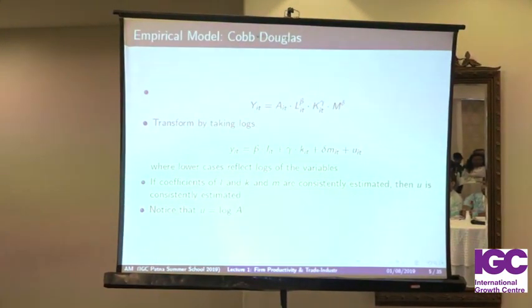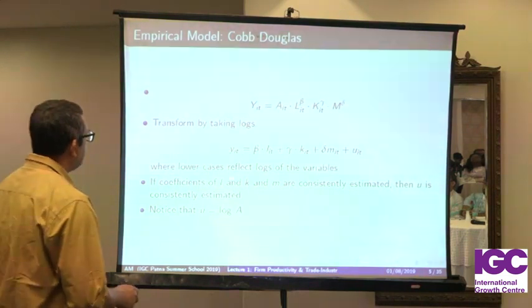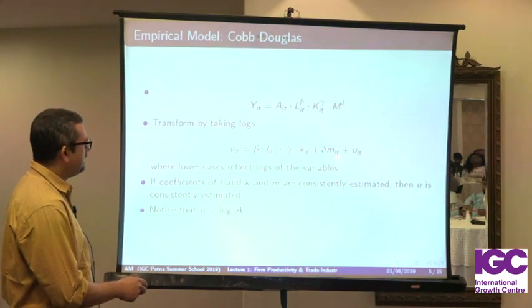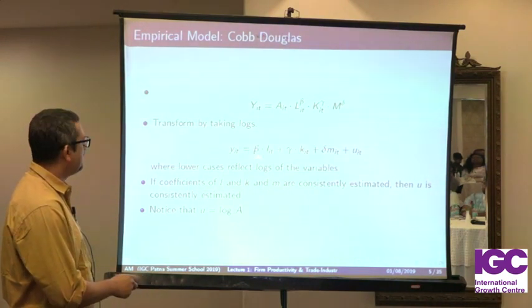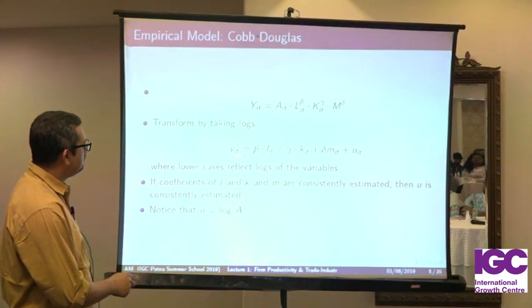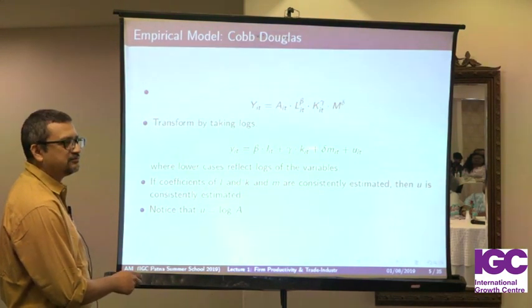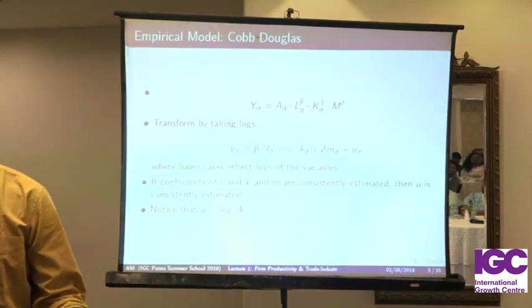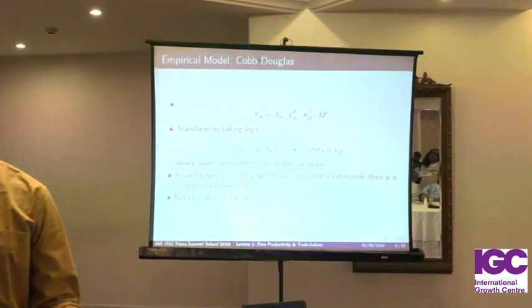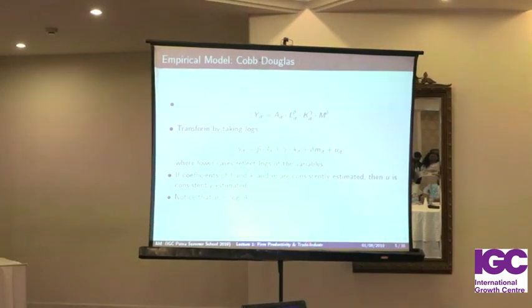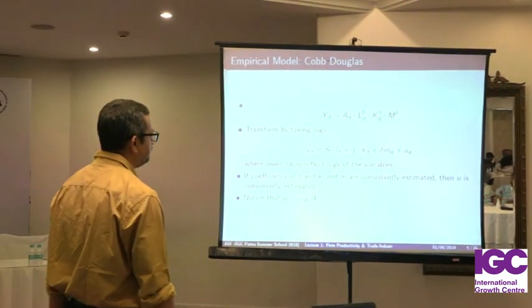It's just the log of A. If you estimate beta, gamma, delta consistently, that means that you don't have any biases there. Then if you subtract out those from Y, you will get the u, and the u is the average productivity. You may need some more assumptions to do with the error terms, but you will get log of A.